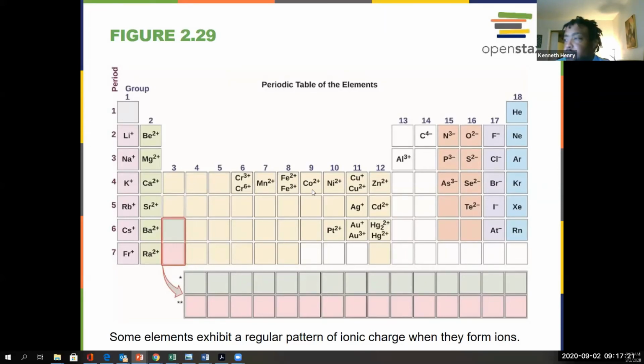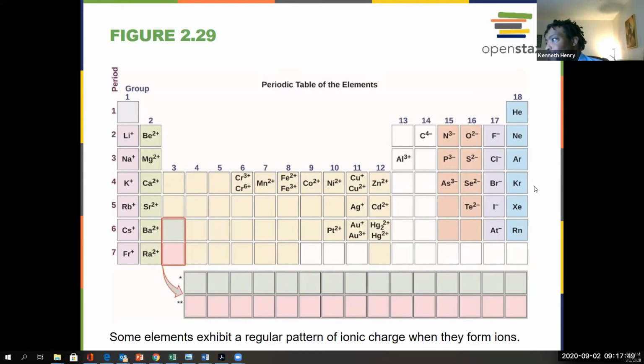Cobalt, 2+. Nickel, 2+. Copper, +1 or +2. So you can see the transitional metals are a hot mess. There's no consistency to what they are, but these are some of the most common charges. There are other ones that can exist as well.